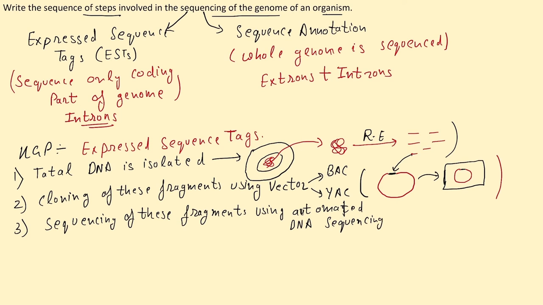Automated DNA sequencing means these fragments, which are multiplied using vectors, plus artificial DNA libraries are used.